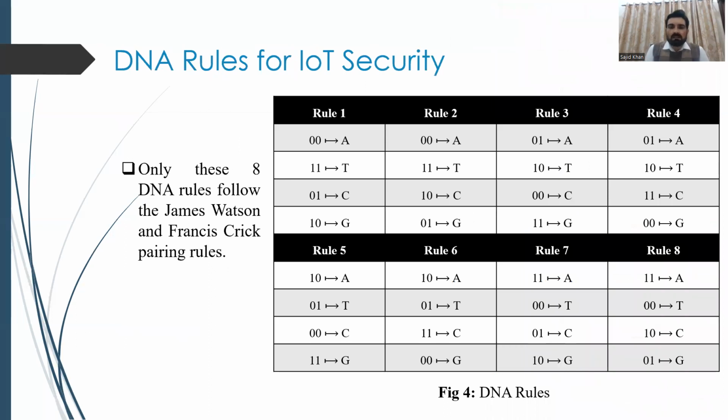The second one is the DNA rules. I think most of us are familiar with them. There are 8 DNA rules that follow Watson-Crick's principle. Watson-Crick's principle means the complementary rules. Because of these 8 rules, we can implement them on our text data or in our security.